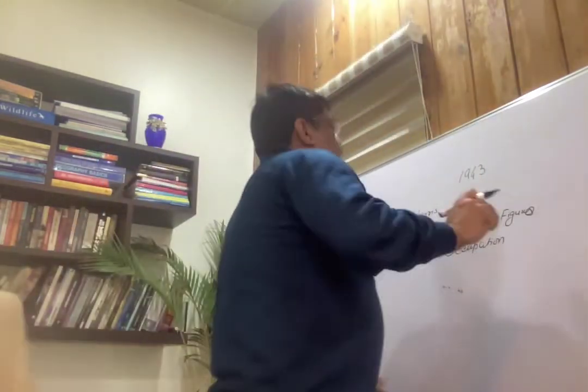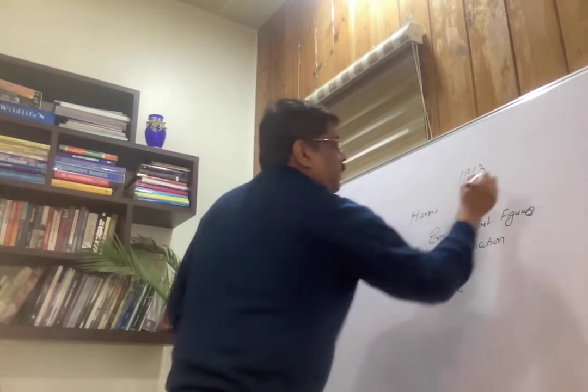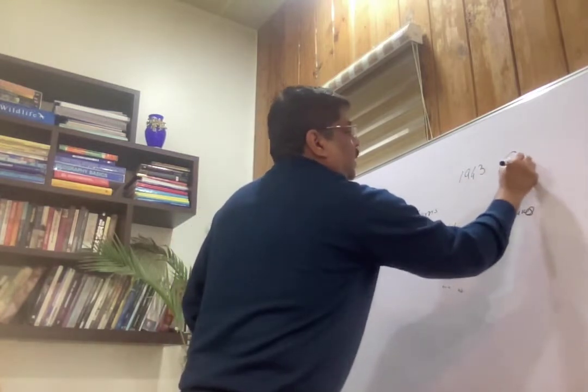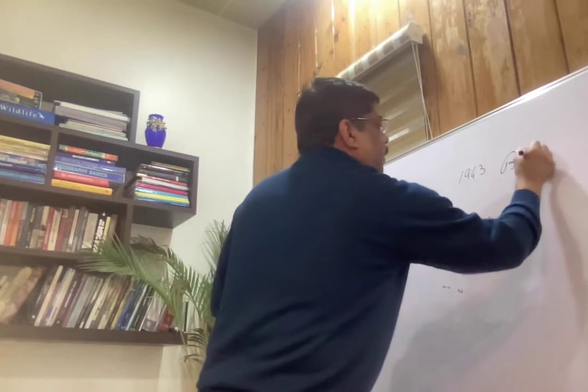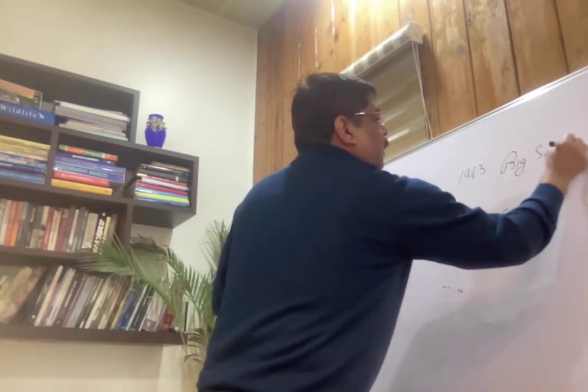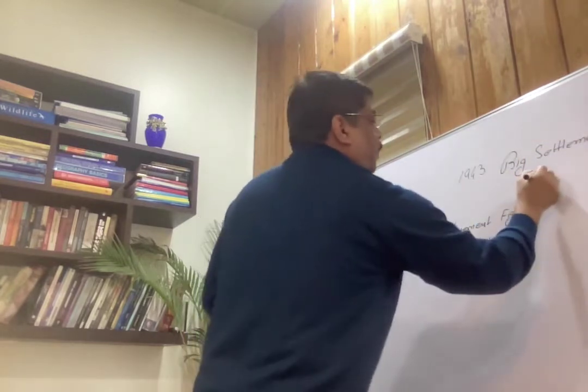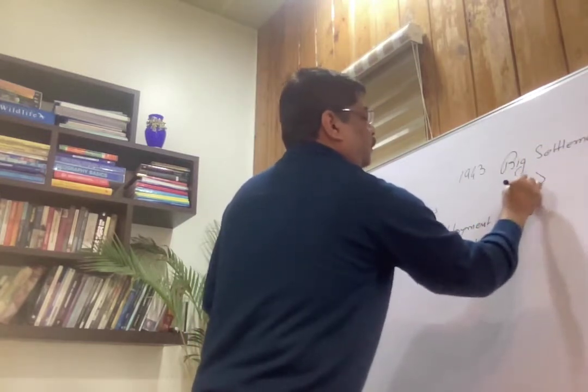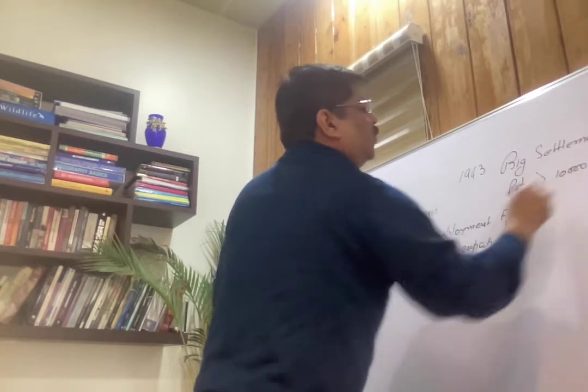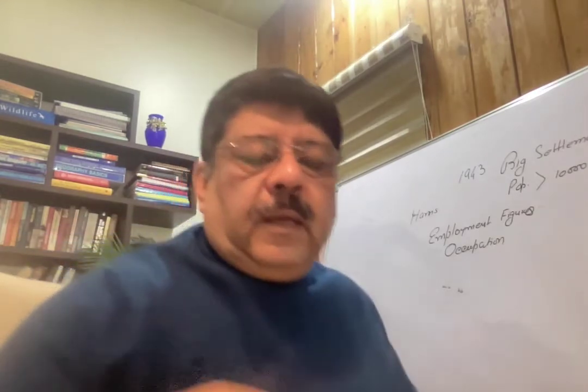Harris took only big urban settlements, and the criterion of big was not very big: a population of more than 10,000. 10,000 was a big figure in 1943. He excluded urban settlements with a population of less than 10,000.